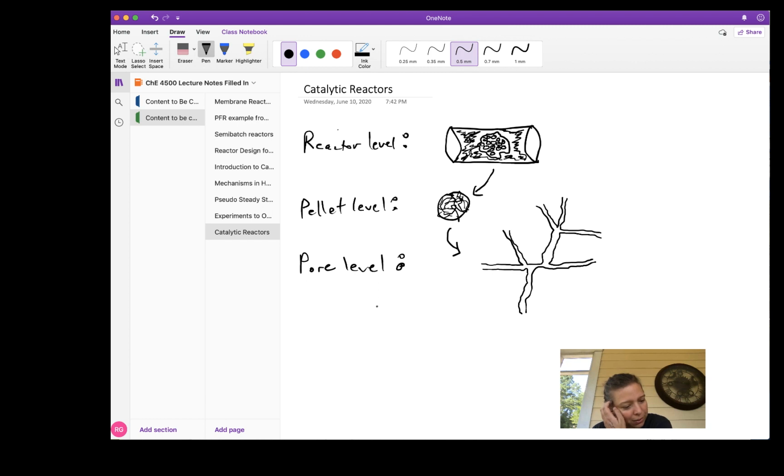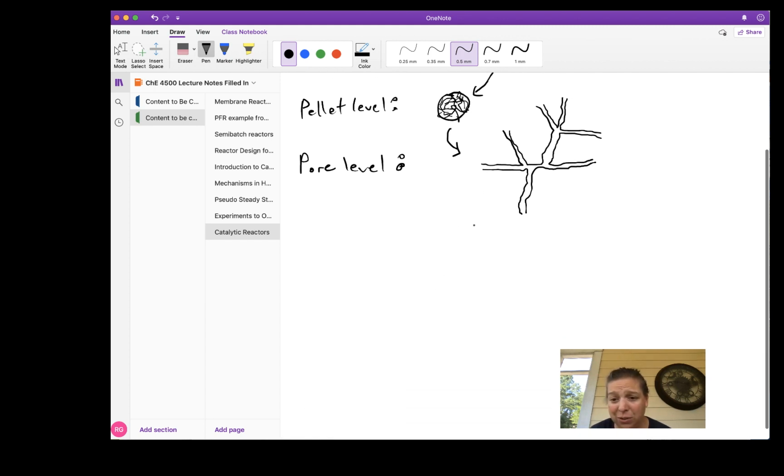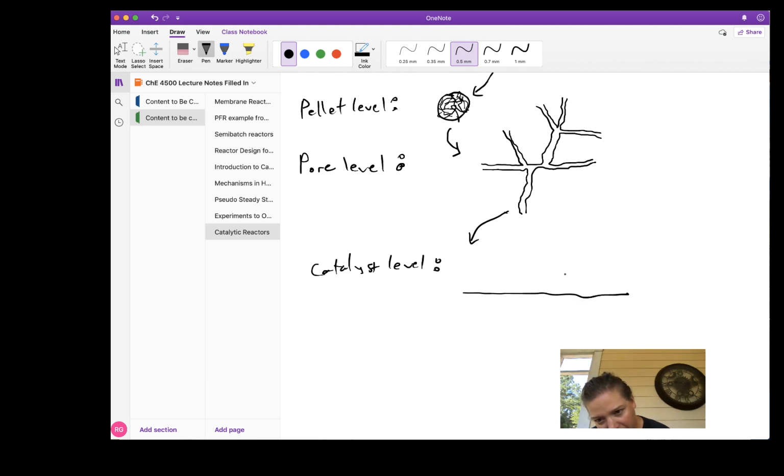So then we said, okay, well, this is a pore. This is still probably large compared to the actual molecule. So let's zoom down to the pore surface. So we'll say catalyst level. So there we said, here's our pore.